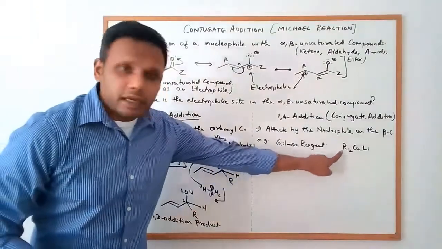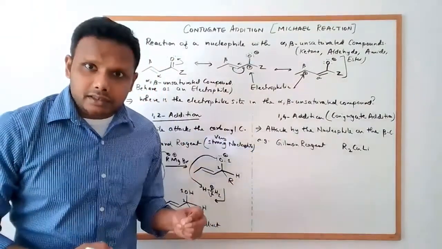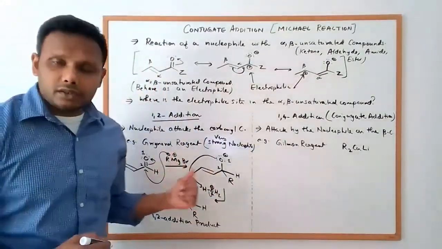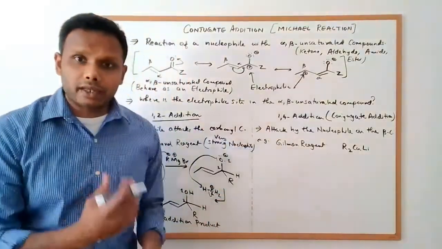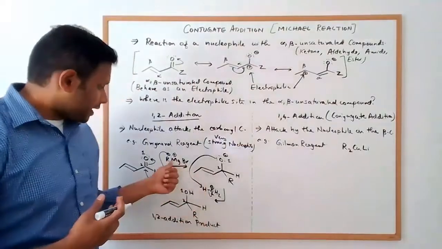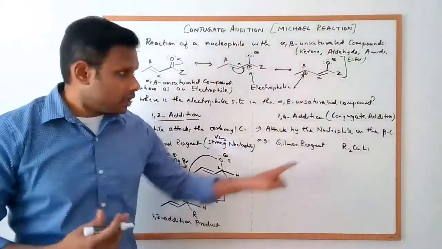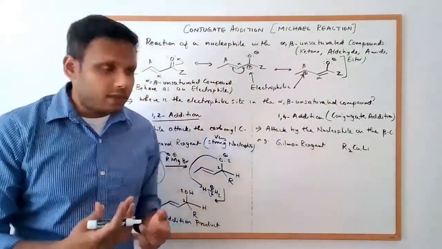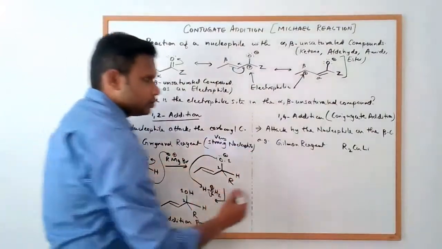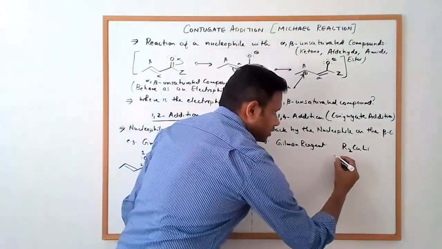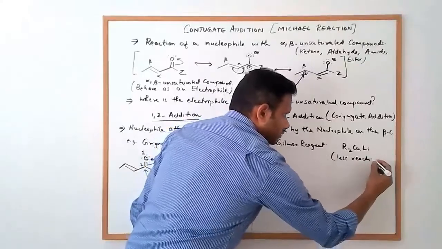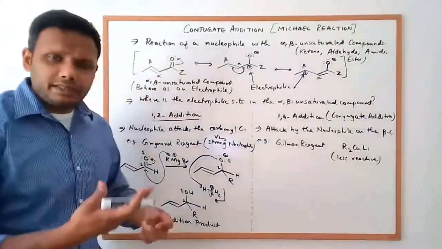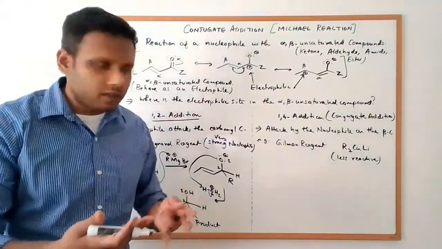But they are not as reactive as Grignard reagents. They are not as strong nucleophiles. The R group here is not as strong a nucleophile as the R group in a Grignard reagent. Compared to the Grignard reagents, these are less reactive, which means they are a little bit more stabilized.